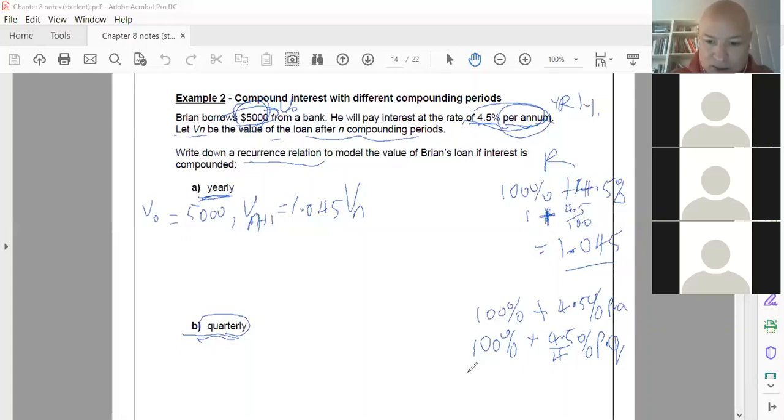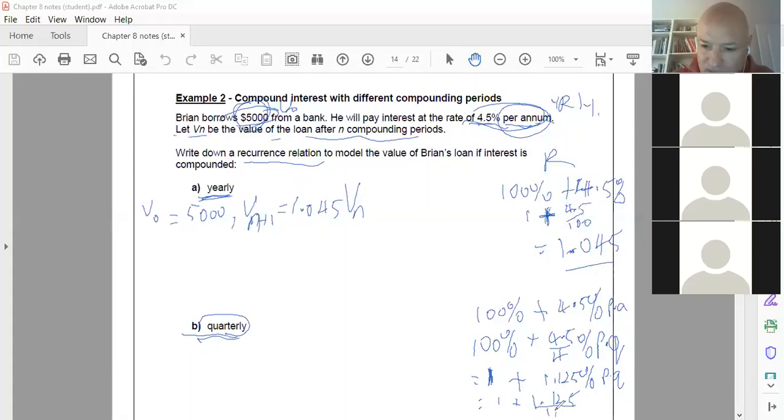Okay, so this is going to give me 1 plus 4.5 divided by 4 is 1.125% per quarter. Okay, I've changed this. I've divided the 100 already by the 100. That's how I got the 1. Now 1.125% is 1 plus 1.125, just divided by 100.